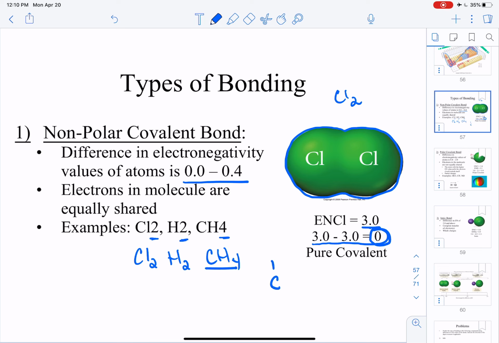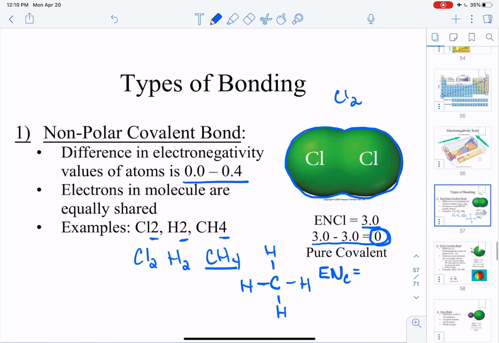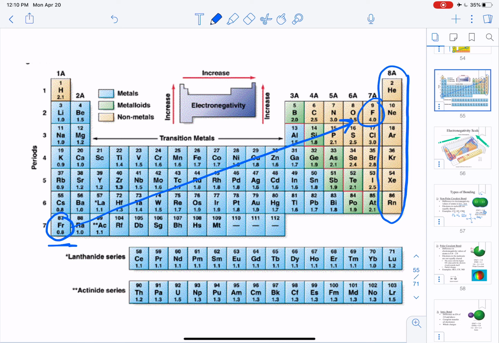So if we have methane and we draw out our Lewis structure for methane, we can see that we've got 4 different bonds there, and each one we look at separately. And the electronegativity value for carbon, we're going to find that on our chart right here, and we can see that that's 2.5.